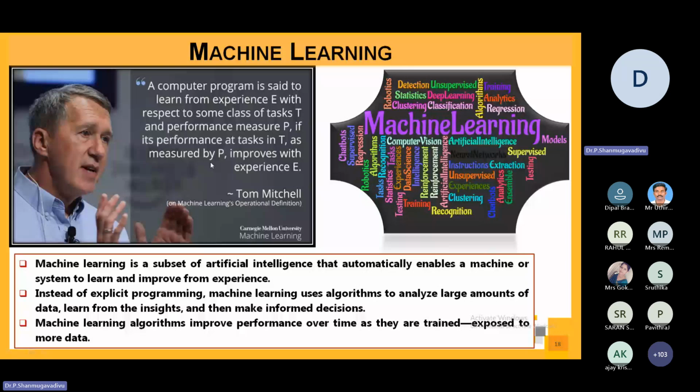So the E, T, P, all this will be confusing. Now let us imagine I'm going to develop a model for cancer detection. Then what is my task? Task is T, that is identification of presence or absence of cancer. Then there will be a set of measures like accuracy, F1 measure, then confusion matrix.